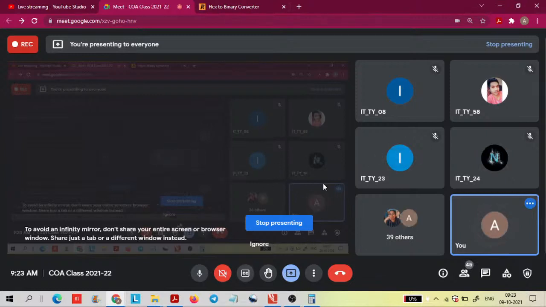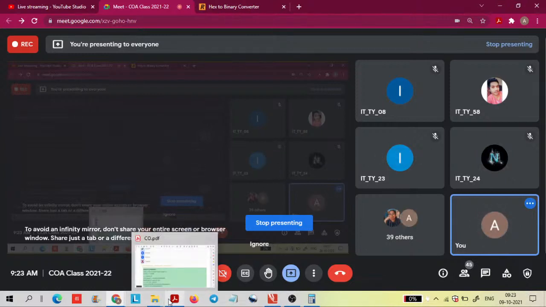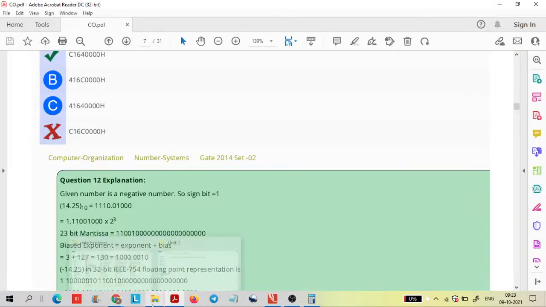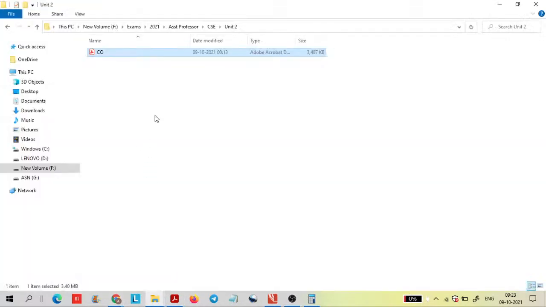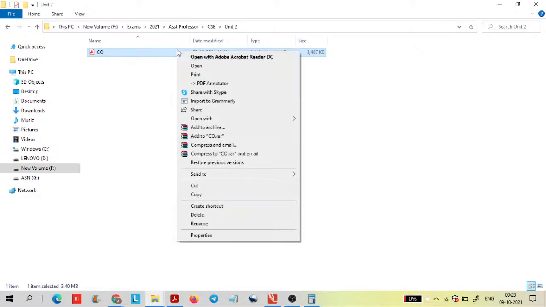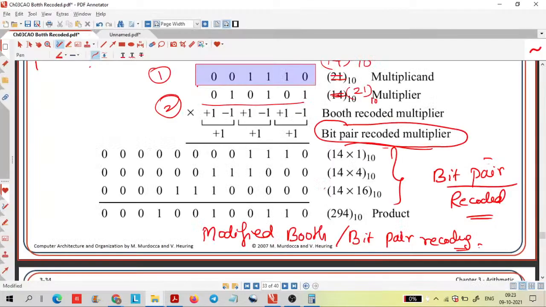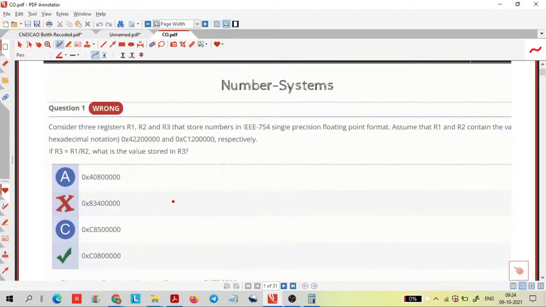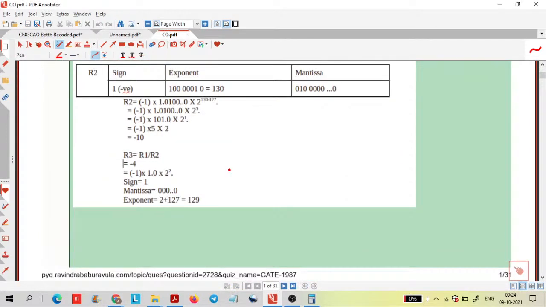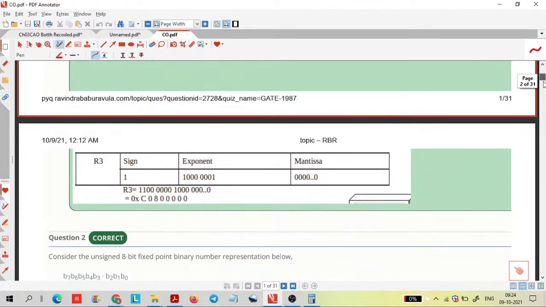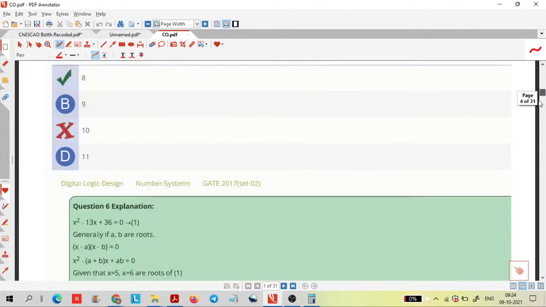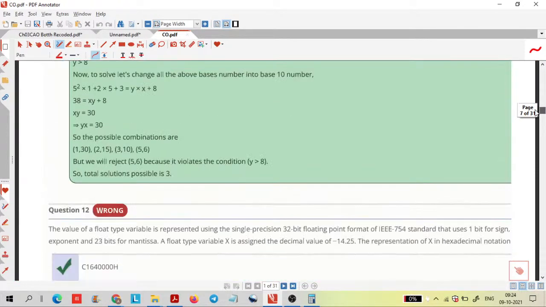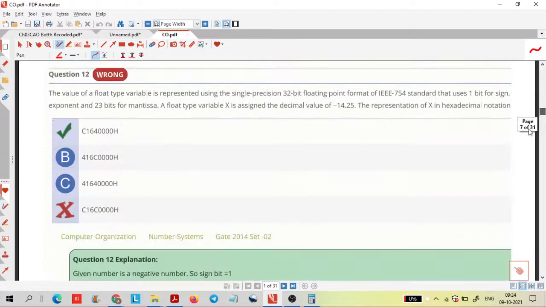Then, actually you will get one or two GATE questions from this particular subject.